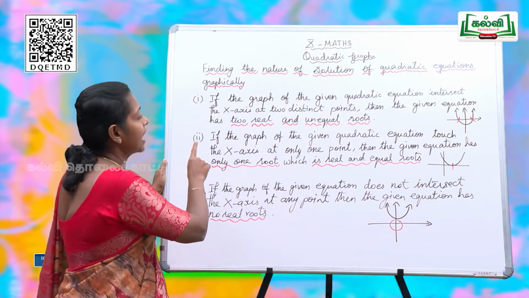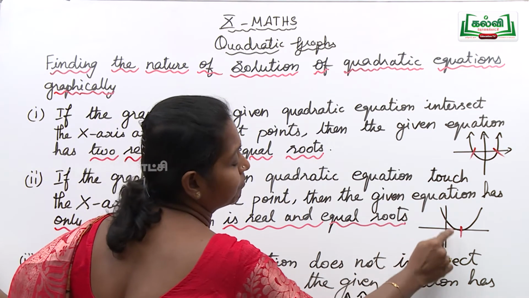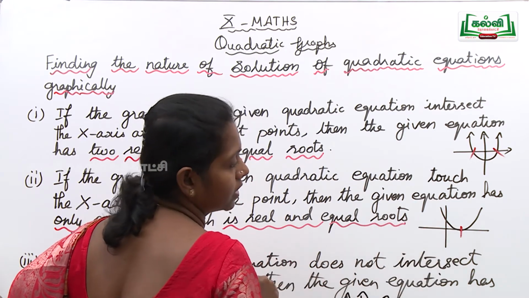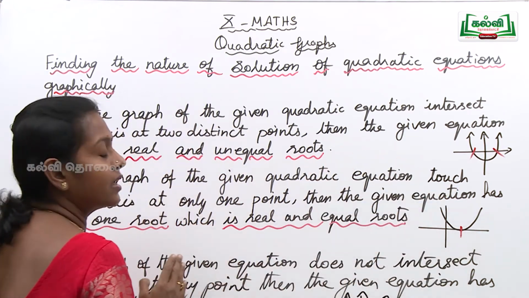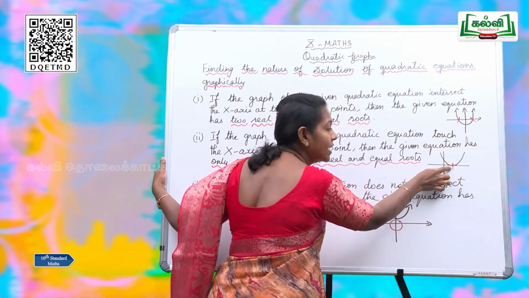Next, if the graph of the given quadratic equation touches the x-axis at only one point, then the given equation has only one root, which is real and equal roots. See this picture. There is a parabolic curve, and x-axis, y-axis are there. The curve intersects the x-axis at only one point.